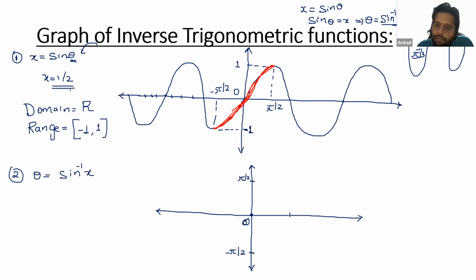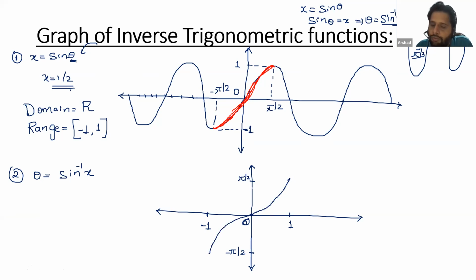Now they will come on the x-axis because we need to find the inverse. If you find the inverse of this, the graph will be like this.